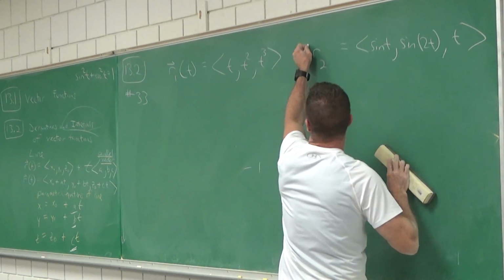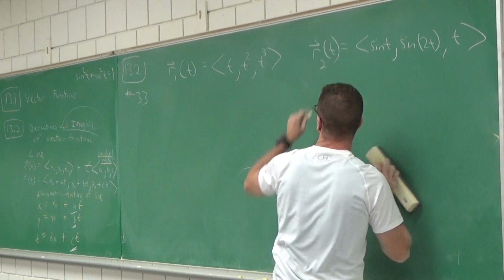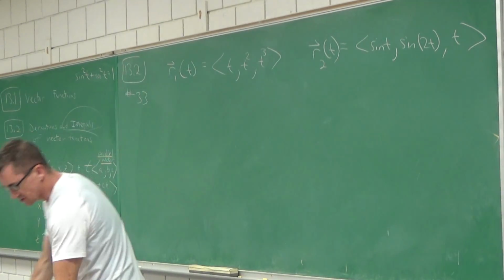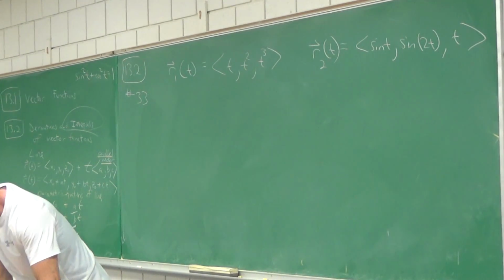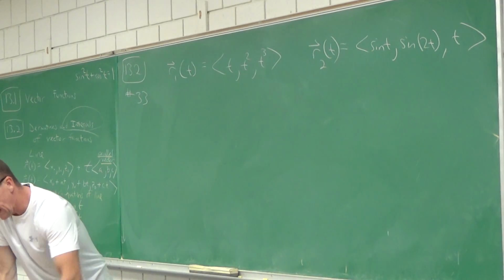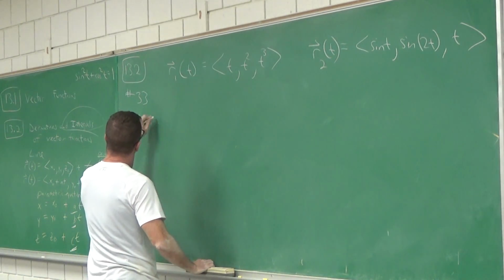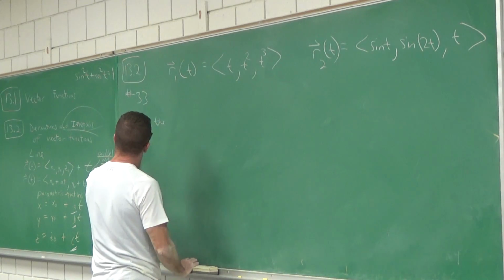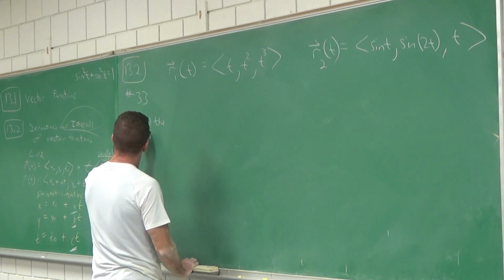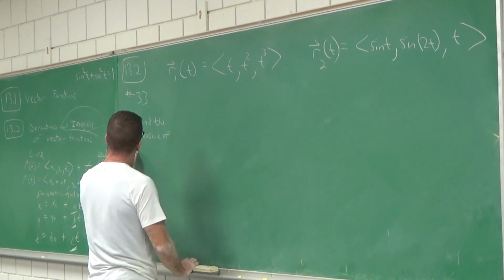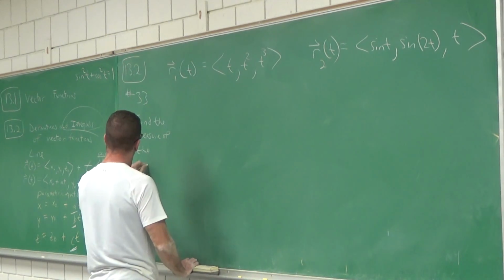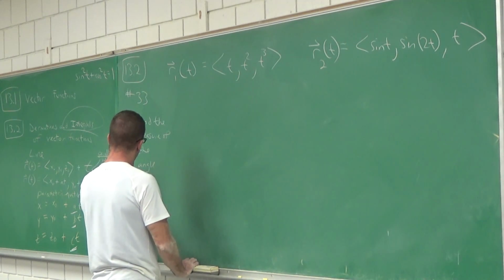Alright. So here's the two space curves. These are the two vector curves. And they want you to find the angle of intersection. So find the measure of the angle of intersection.